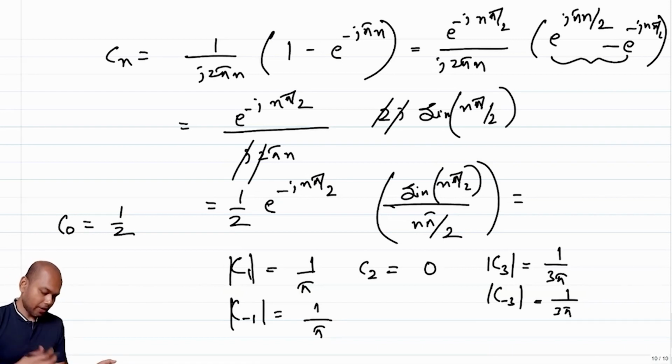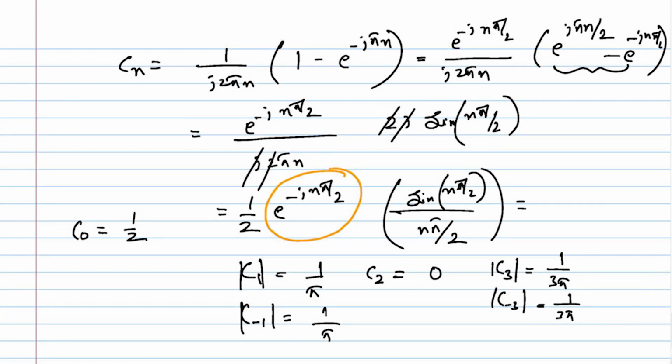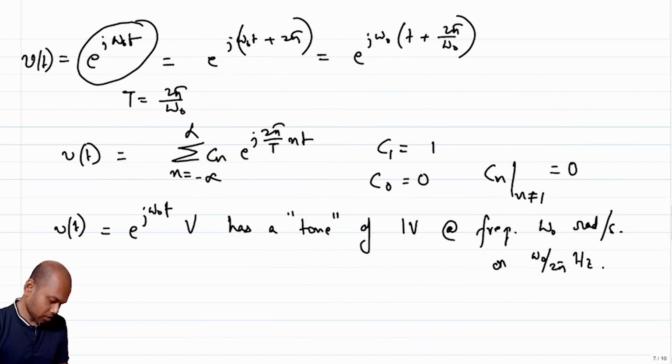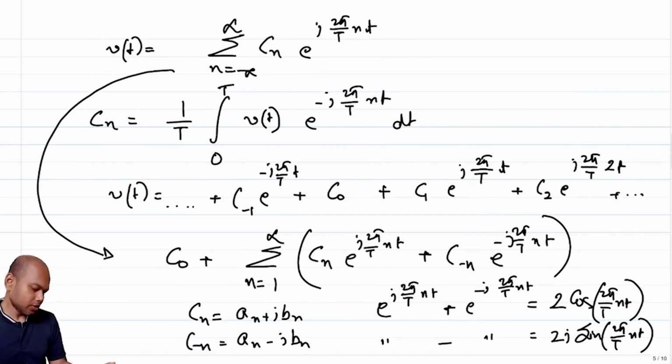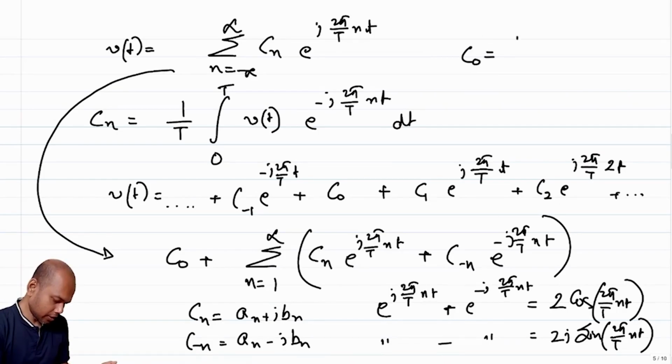And why does C0 equal to half make sense? What is C0 essentially? If I go back to our expressions, C0 is nothing but 1 over t times the integral from 0 to t of V of t dt.